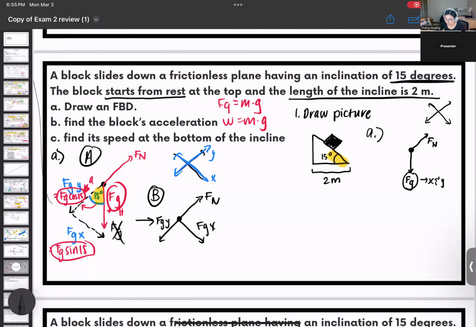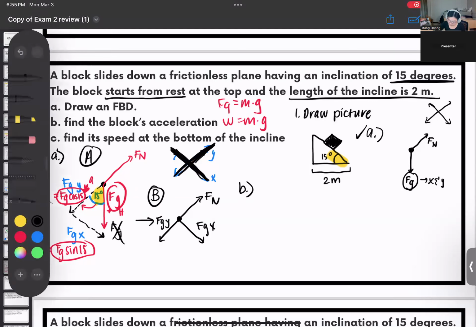So what I'm going to do is solve. We solve for A. Good. Now we need to find the block's acceleration. Acceleration has to be found in the way that it's moving. It's not moving this way. It's not moving this way. No. It's moving this way. So we're going to be finding acceleration, but only with the things in that direction. So we're only going to be looking at the X-axis.